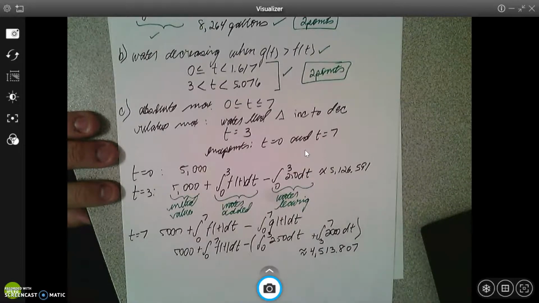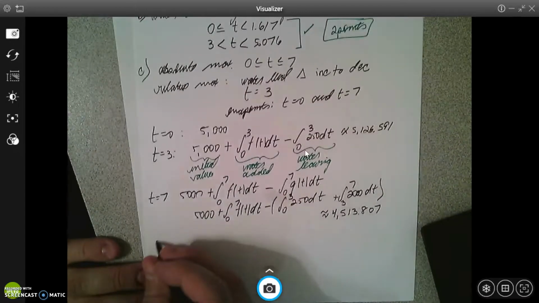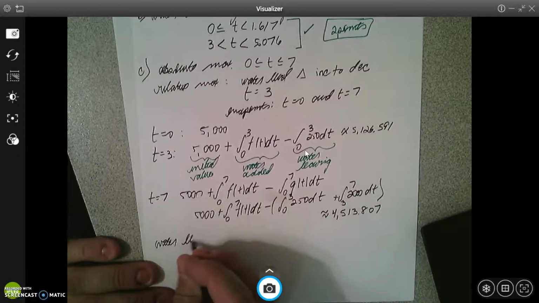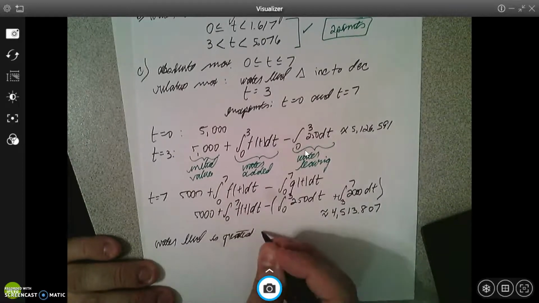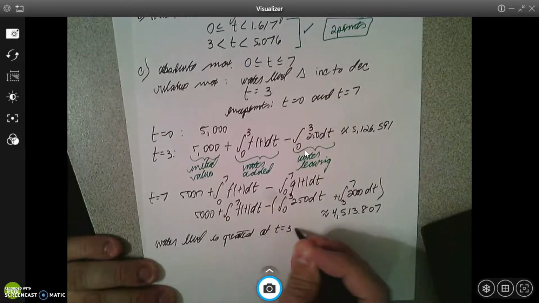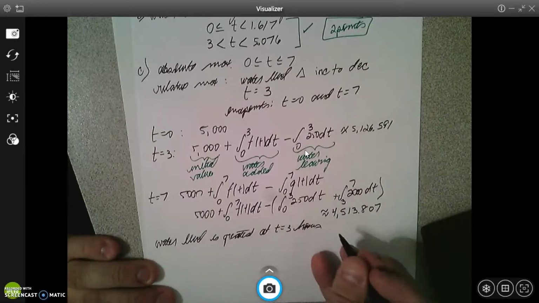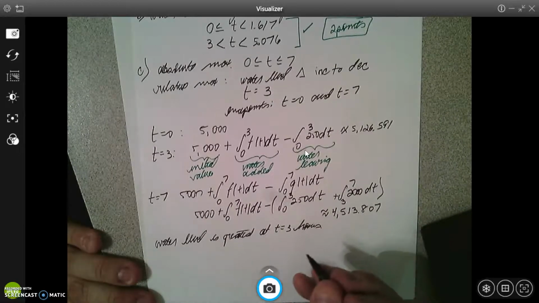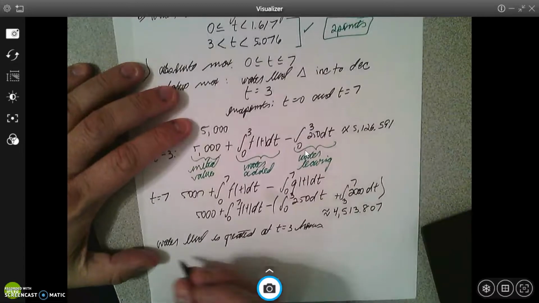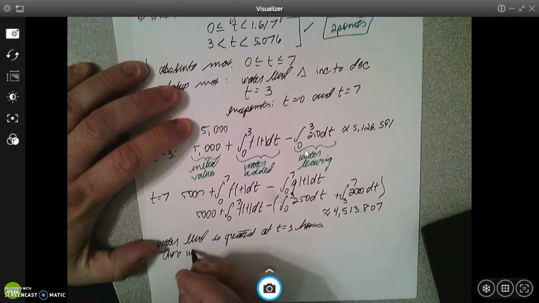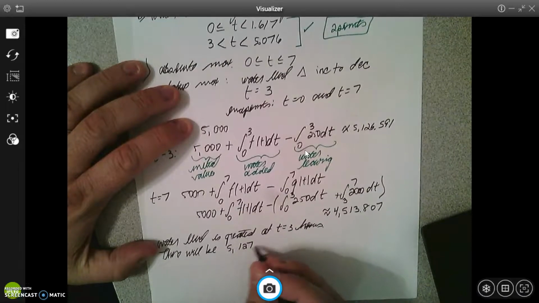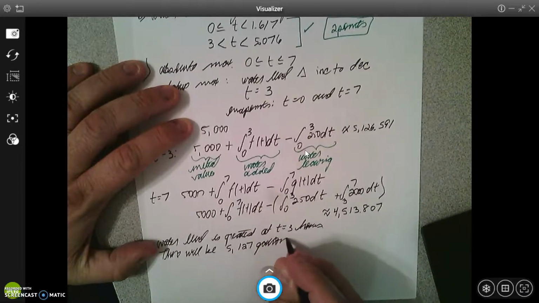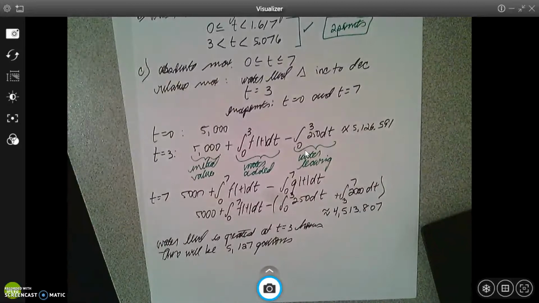Clearly comparing those 3 values, we can see water level is greatest at t equals 3 hours. How much water is there? There will be 5,127 gallons, because again in this question we were asked to round.